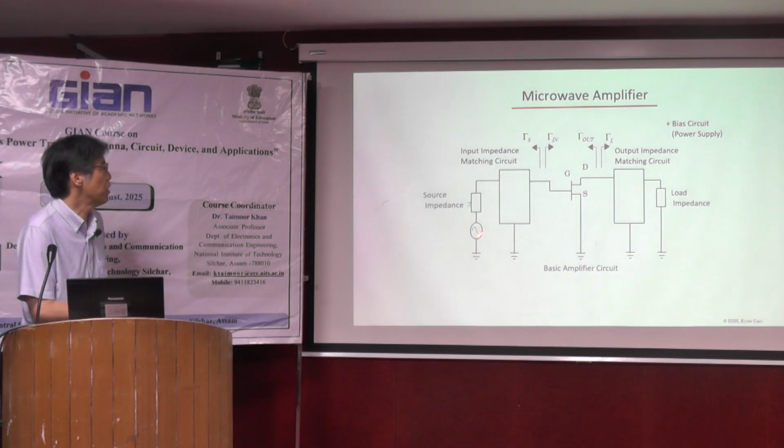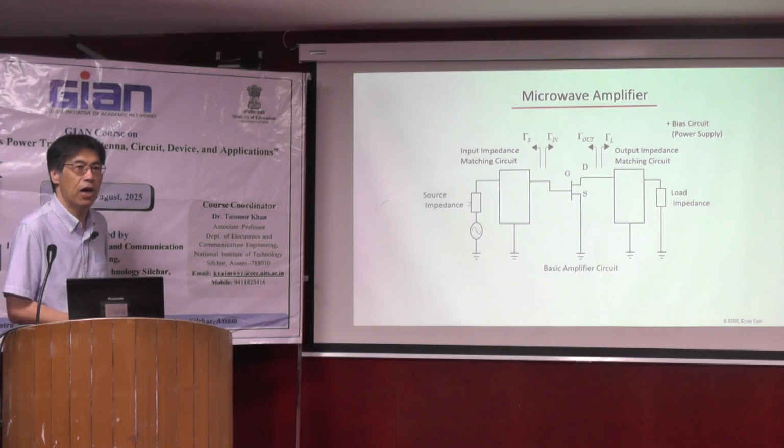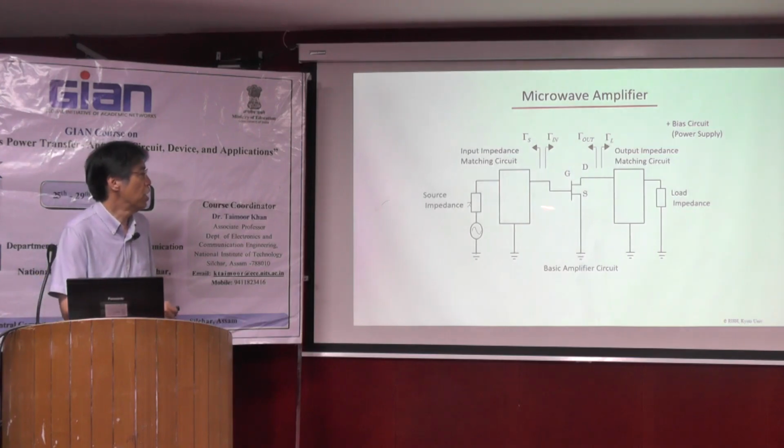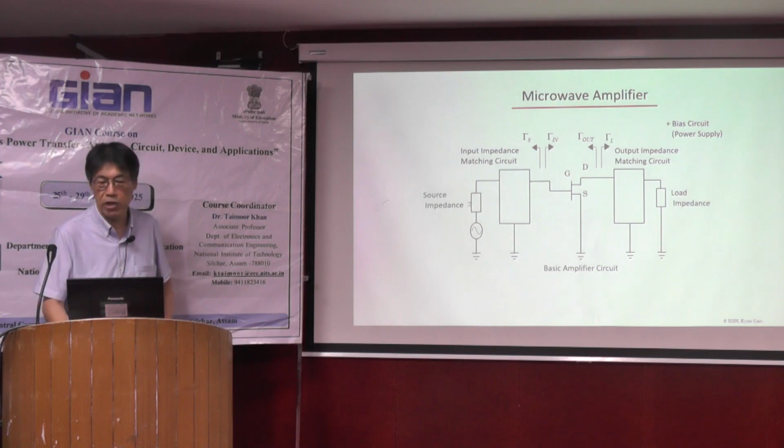So from the source, usually we use a 1 milliwatt microwave power, and with the semiconductor, we amplify this weak power to convert it to the high power microwave. And here you can see it's a very general simple figure. Semiconductor here, and additionally now you see the two matching circuits only.